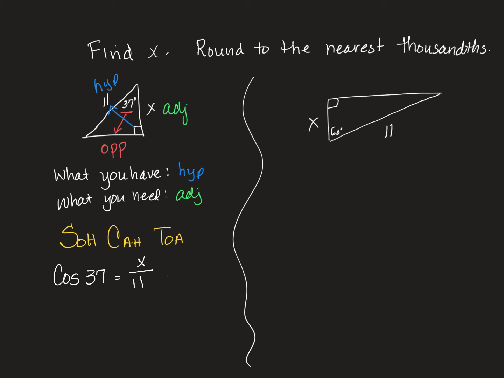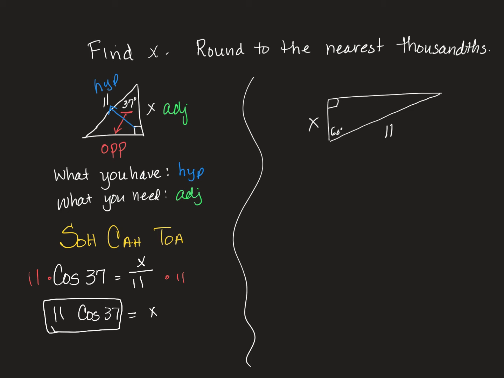To solve this, I'm going to multiply this side by 11. I'm going to multiply this side by 11. I'm then going to plug 11 cosine of 37 into my calculator. This is what's getting plugged in.